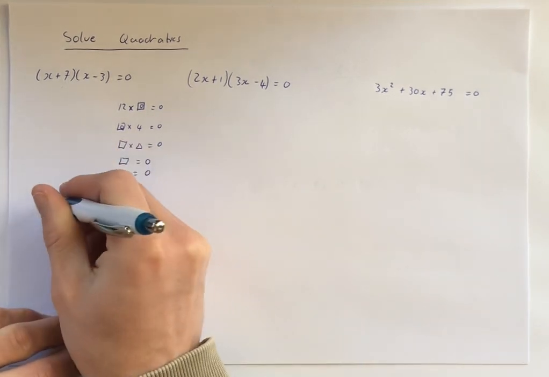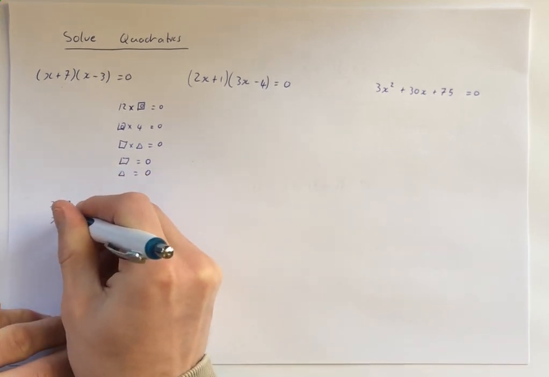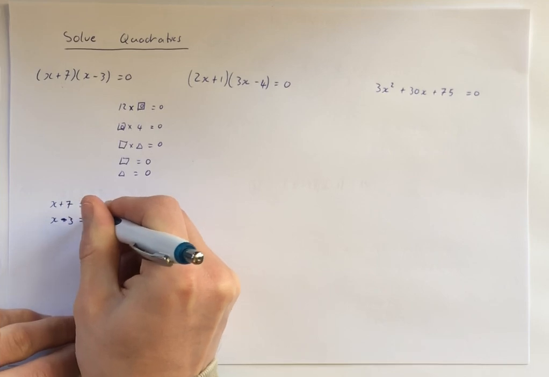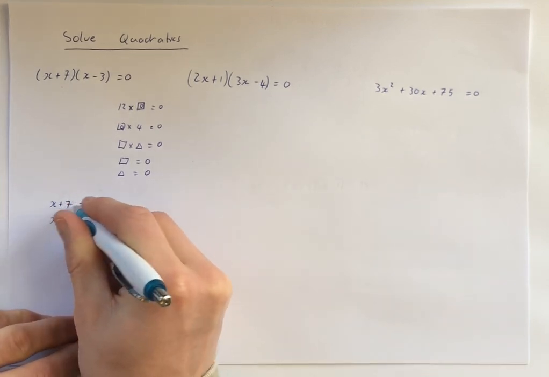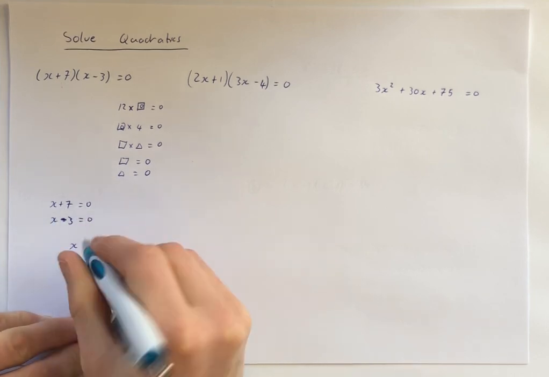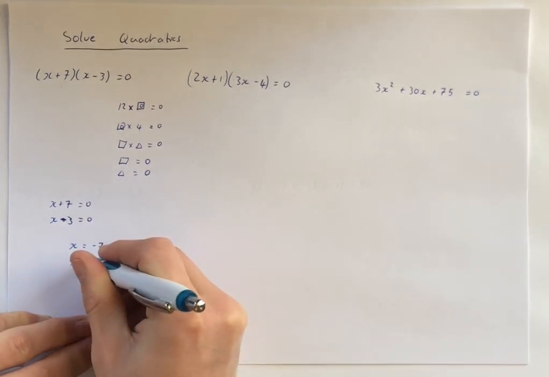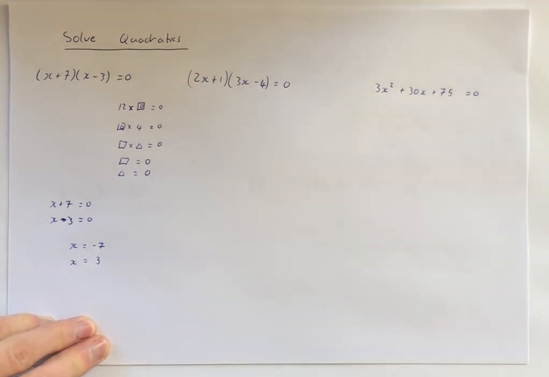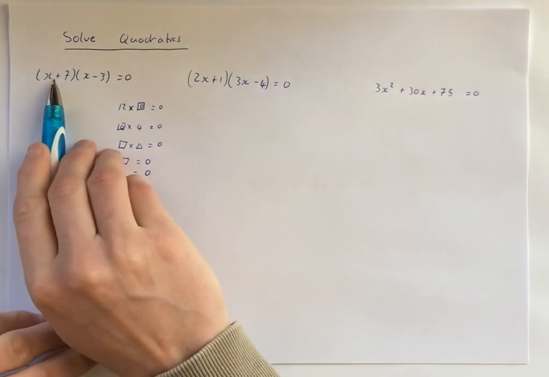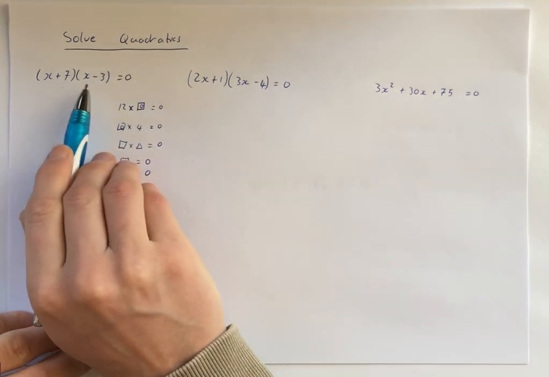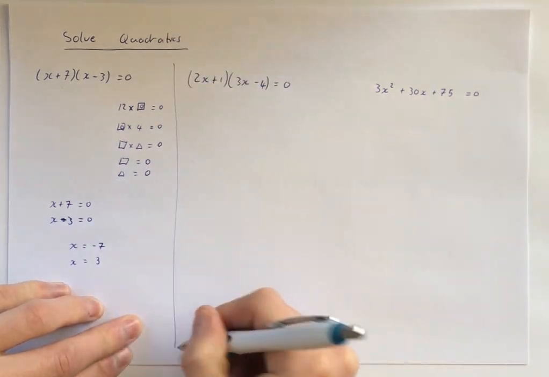So for this one, x plus 7 equals 0 or x minus 3 equals 0. Well, solving this top one, we just subtract 7 off both sides. X is negative 7. This one we could add 3 to both sides. X is 3. And then you can see that the quicker way is just the opposite sign of these numbers is your solution. Let's look at a more tricky one.